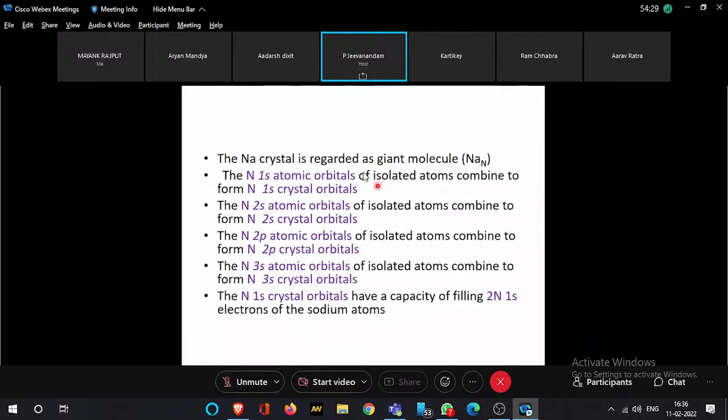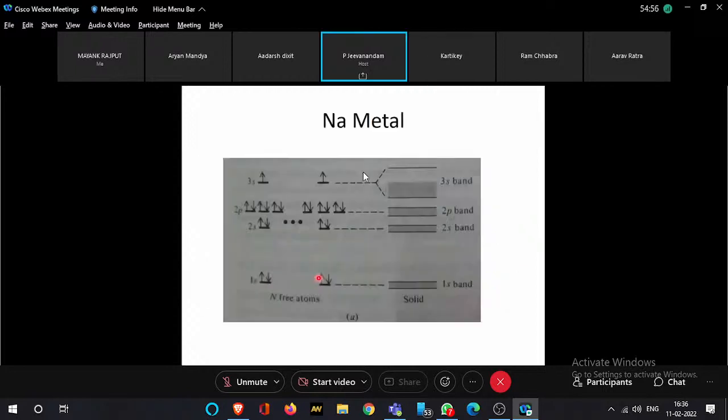In other words, 1s atomic orbitals of N isolated sodium atoms will form 1s crystal orbitals. How many? N number. Similarly, you can talk about every orbital. The only thing is, the 3s crystal orbitals will not be completely filled, because each atom has only 1 electron, and you can fill 2 electrons. So only half of it will be filled. That is shown here actually.